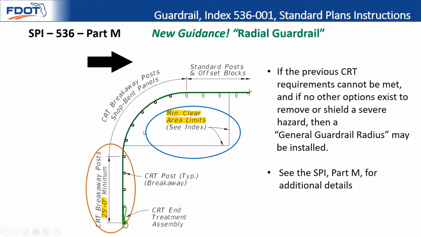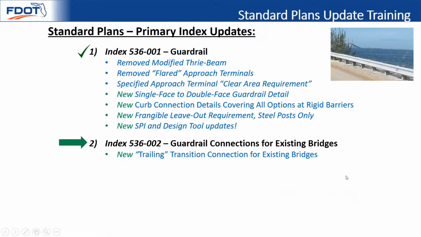And at that point, all you're really doing is just putting in a buffer, because it's all you have room for, and it's the best you can do as a designer between the vehicles and maybe a canal hazard or something worse, or a severe drop off. So we went ahead and mentioned that you can include just a general guardrail radius if you provide a justification for it in your project documents. And so there's more information on that in SPI Part M.